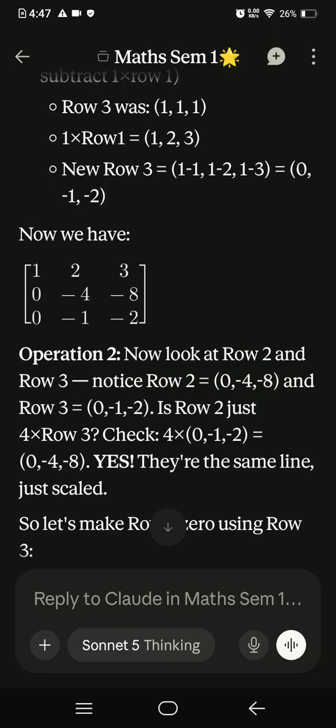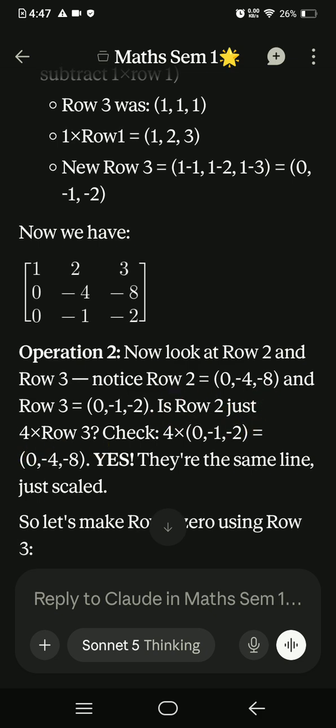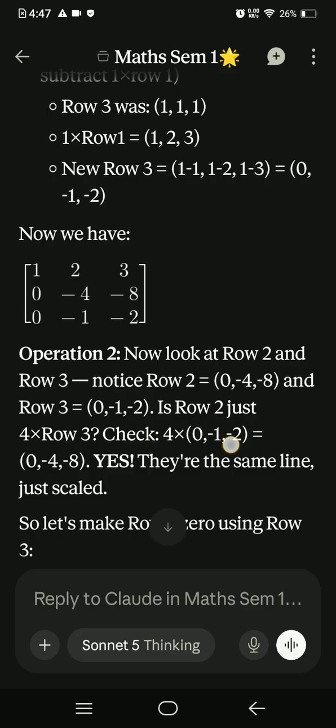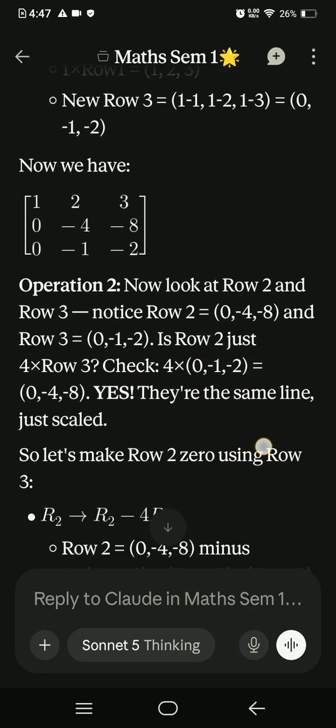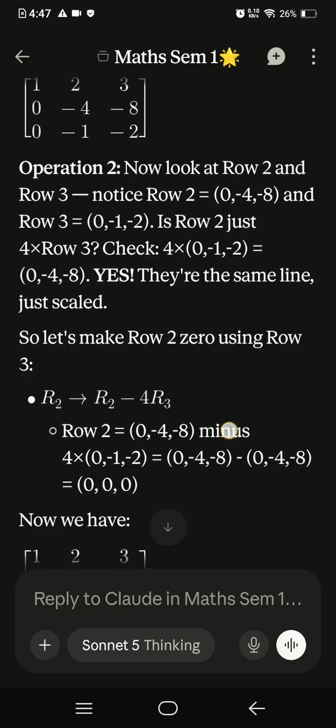Our target again was to make this thing 0, then this thing 0. Now look at row 2 and row 3. Notice, is row 2 just 4 times row 3? Well, yes. They are the same line, just scaled. So let's make row 2 zero using row 3.